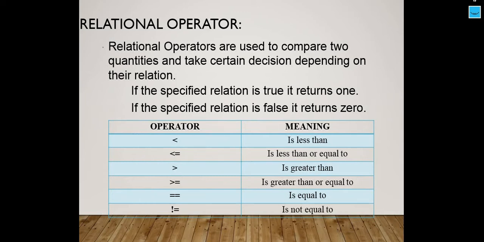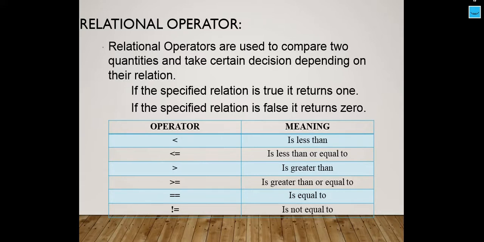Now next comes the relational operators. Relational operators are used to compare two quantities and take certain decisions depending on their relation. If the specified relation is true, it returns 1. If the specified relation is false, then it returns 0.